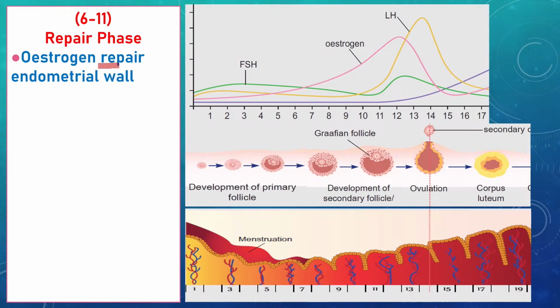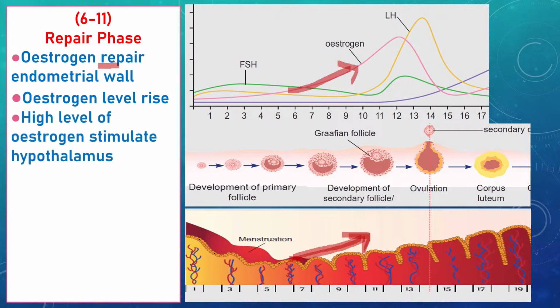So you can see that the endometrial wall slowly starts to repair. Let's relate the estrogen level: estrogen goes up, repairing also is being carried out. Estrogen level increases, the repairing work starts.